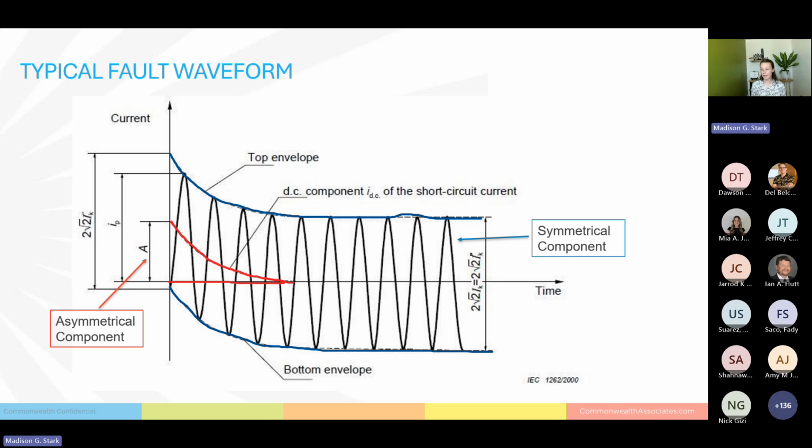But it creates a magnitude of current that is higher than what the system would see. So this right here is the asymmetrical component, and that's what creates that initial very high peak of the fault current.